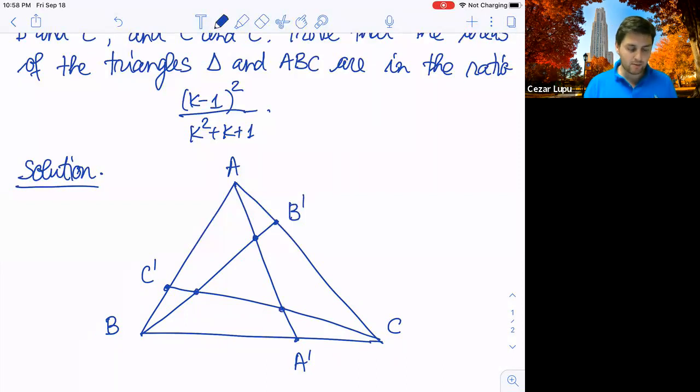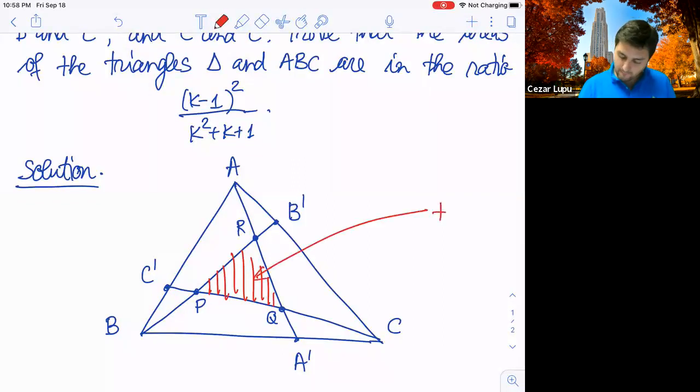Let's call these 3 points P, Q, and R. This is the triangle we're interested in, the triangle delta, PQR.